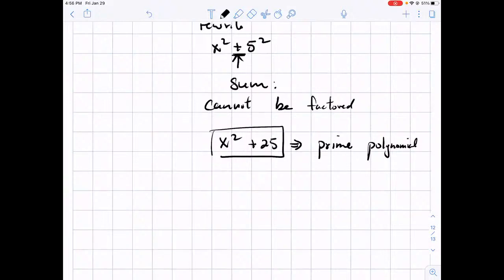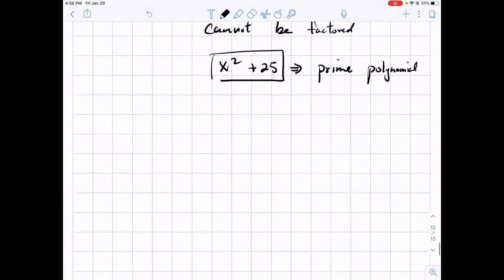Now there are cubics, okay, for sum and difference. So you should know the cubic. So we need the sum and difference of two cubes.